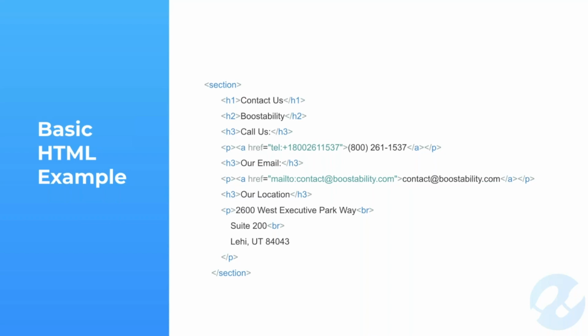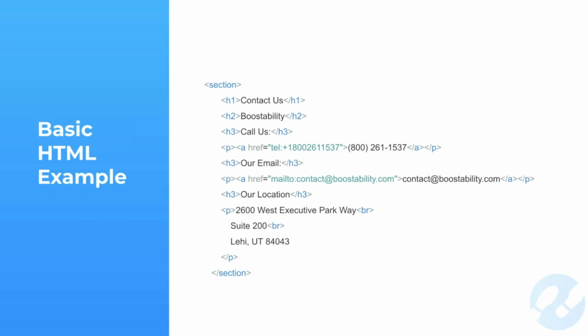But if we look at this through a crawler's eyes, what does the crawler see? Can they interpret this? I mean, Google's pretty smart. I don't want to say Google doesn't understand. They do a lot of work on their side. But in this example, really all a crawler understands is, hey, I have some HTML and it's marking up some content.